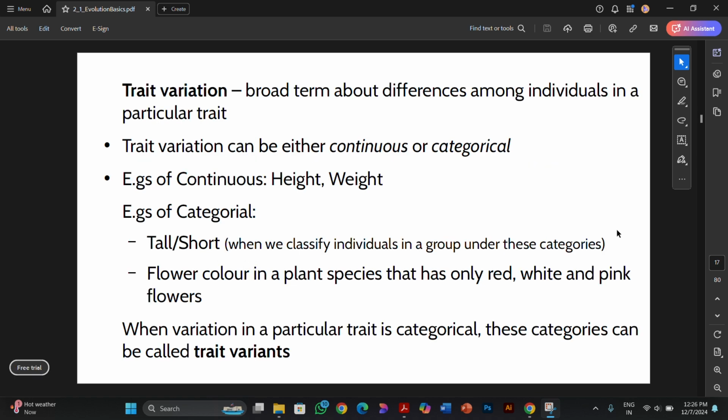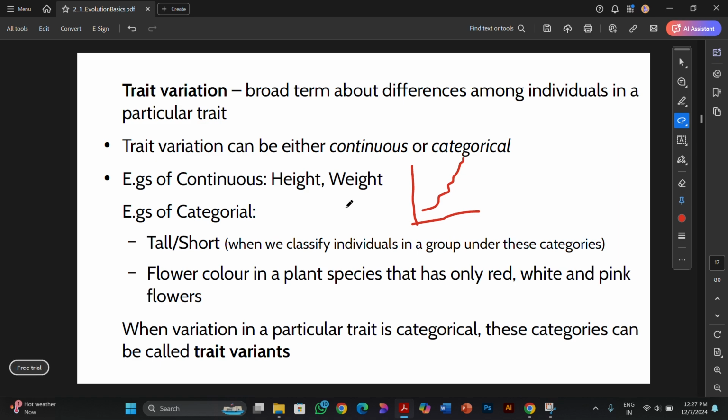Now, what is trait variation? This is a broad term. There are two types, that is continuous trait variation or categorical trait variation. Continuous variations are like height, weight or something. Let me draw a graph for this. If this is continuous variation, then this graph can be like this.